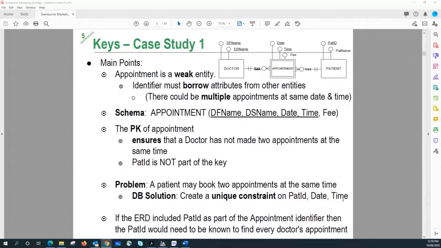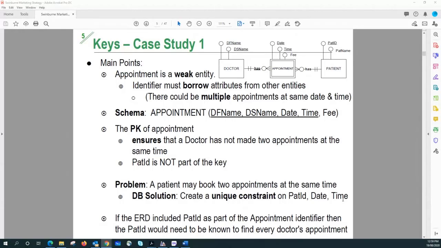Unique constraint. Okay. Right. So think about this. This is a small scenario, but there are things that you can learn, right? There are things that we can implement using ERDs. There are things that we can't implement using ERDs. So we need to go back to our create table statements and adjust something to make sure that the business rules are adhered to, right?